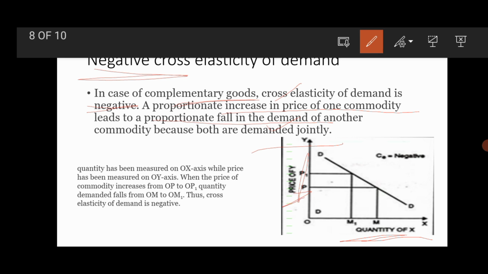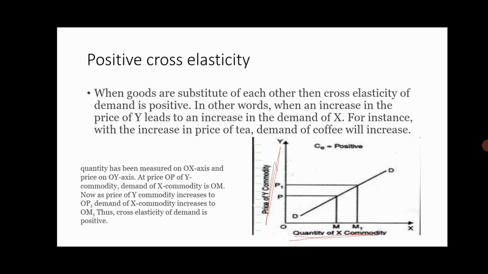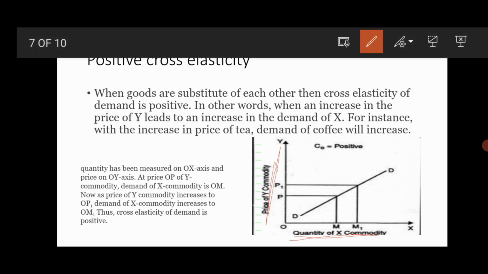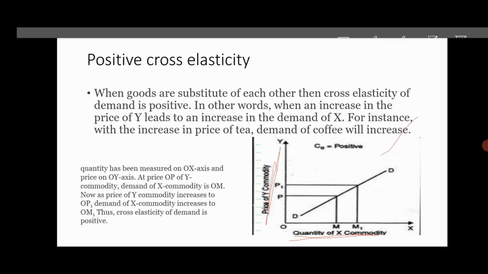So P is the initial price and M is the initial quantity demanded. When the price of Y commodity has increased, quantity demanded of X commodity has reduced. So in case of complementary goods, we can see a downward sloping demand curve. When it comes to substitute goods, we can see a positive slope, that is an upward sloping demand curve.